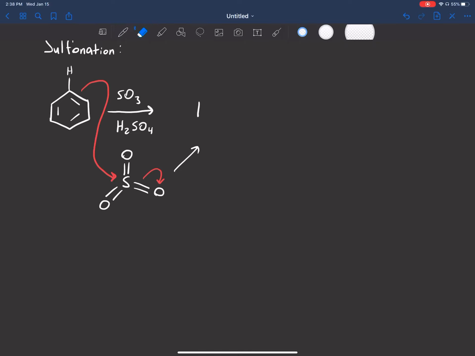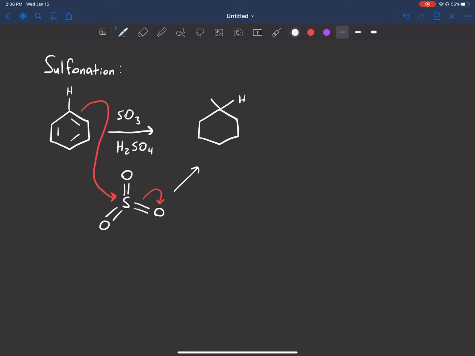Here's the benzene, our H, and here's our sulfur double bonded to 2 oxygens, and that O minus. Actually, let me make that a little bit easier and less cluttered.